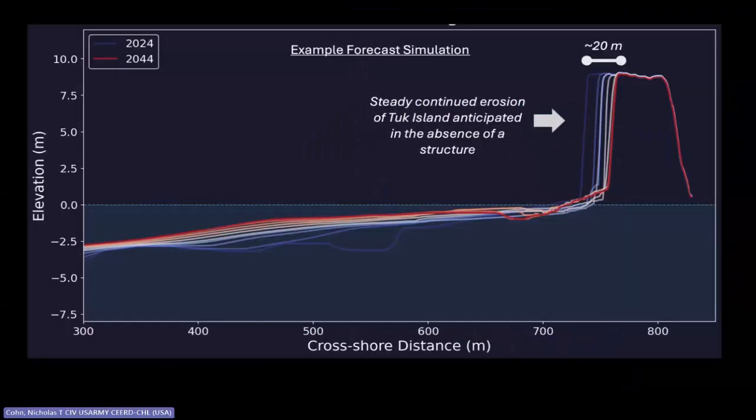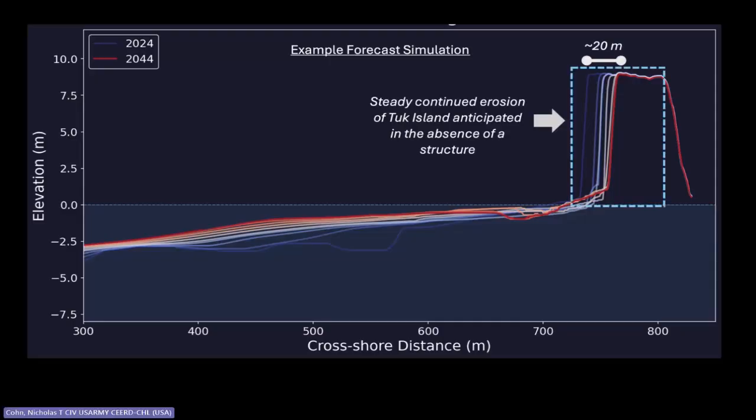If we project out 20 years for one time series, one potential iteration of future wave height and water level conditions, we get about a 20-meter response of the landscape. You can see a simulation here of that expected retreat over 20 years.